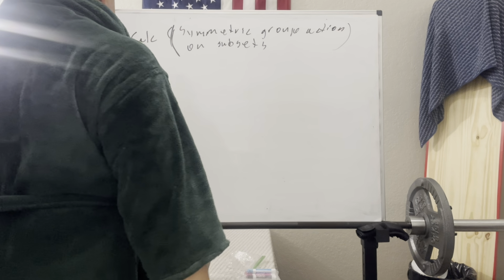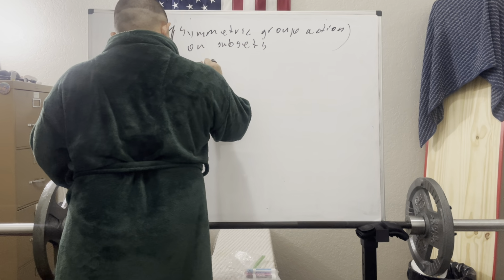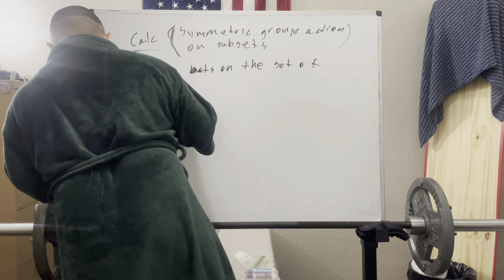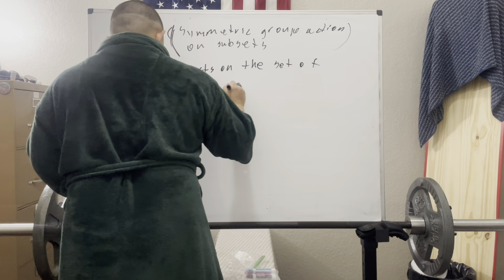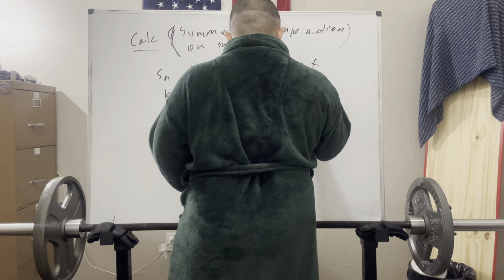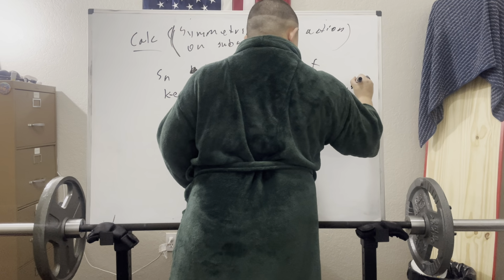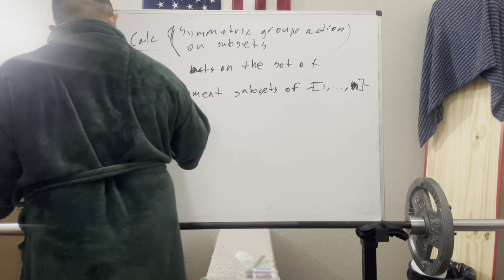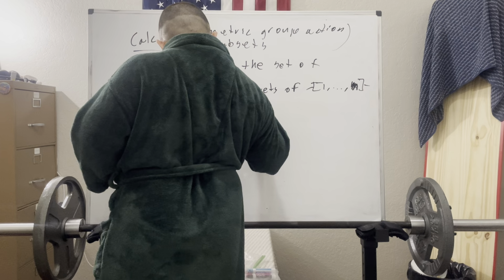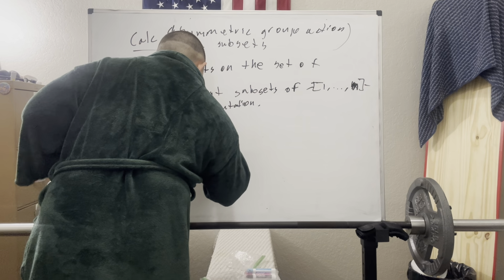Symmetric group action on subsets. S sub n, the symmetric group, acts on the set of k-element subsets of 1 all the way up to n by permutation. This action is transitive. Why?